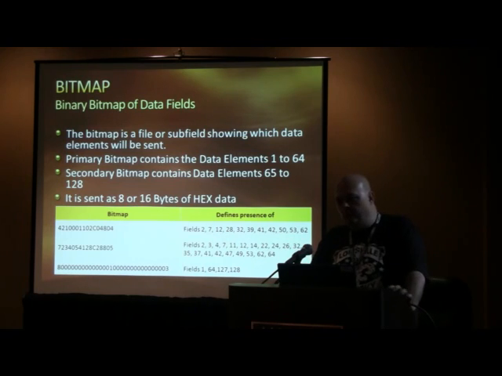And you can have data elements 1 through 64, or from 65 to 128, and then all the way up to 129 to 192. Now, generally right now, only the primary and secondary bitmaps are used for most card data. I am not sure why they need 192 data elements myself. Most of the time it's in 8 or 16 bytes of hex data.